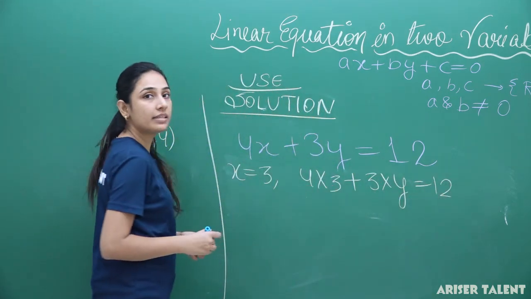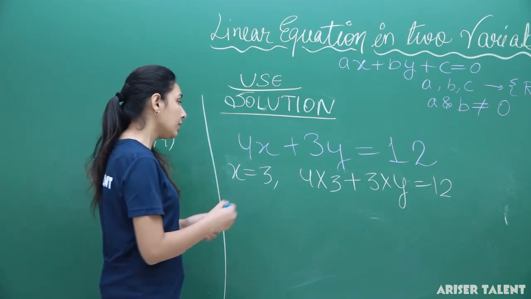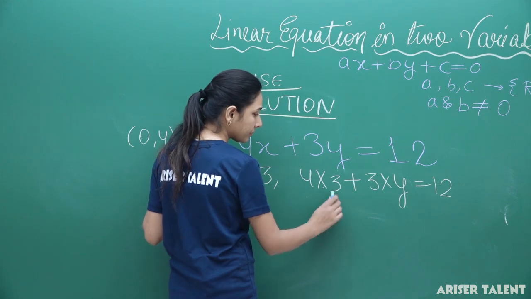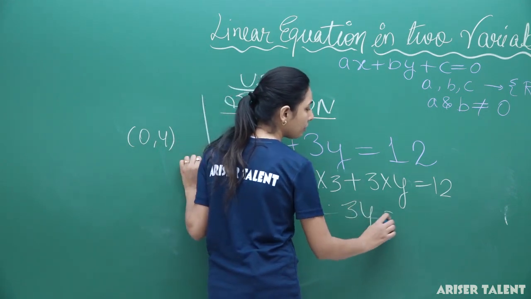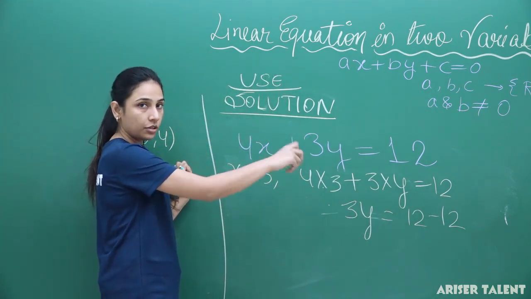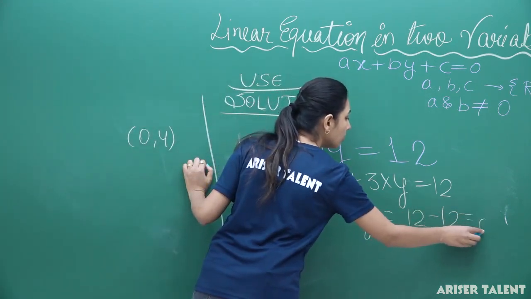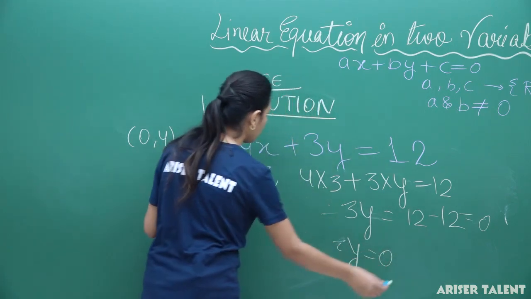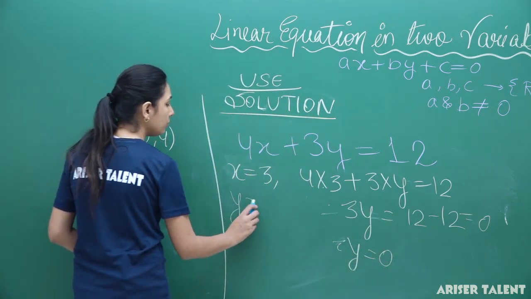Now, this is 12 itself. So we have 3y equals 12 minus 12, which equals 0, that means y equals 0.